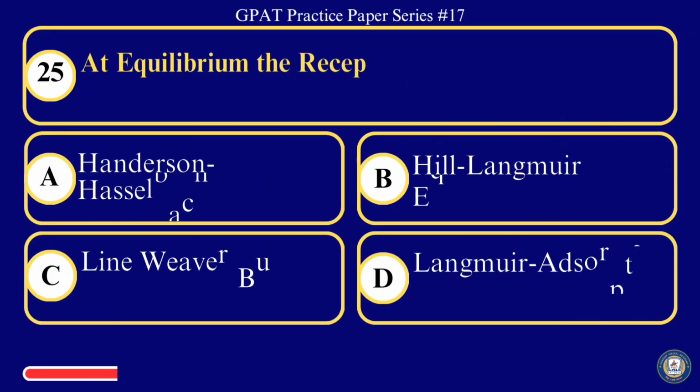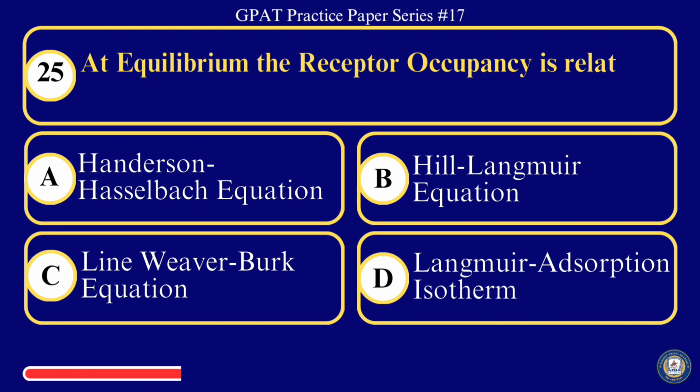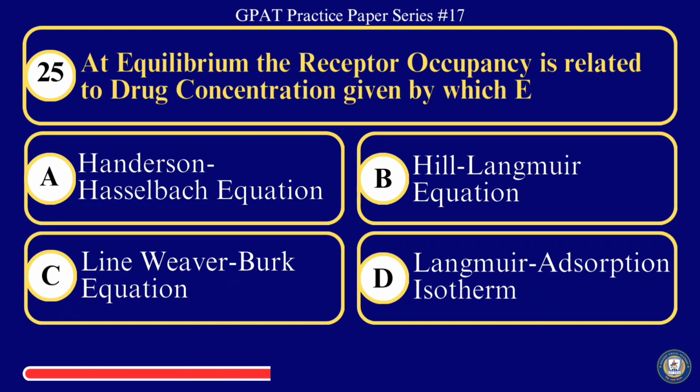Question number 25. At equilibrium, the receptor occupancy is related to drug concentration given by which equation? Your options are A. Henderson-Hasselbalch equation, B. Hill-Langmuir equation, C. Lineweaver-Burk equation, and D. Langmuir adsorption isotherm.